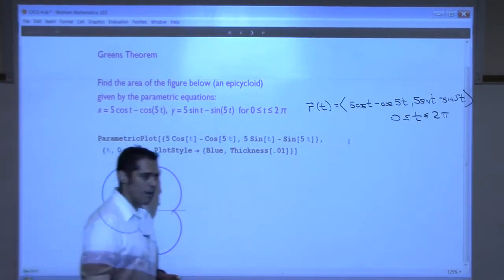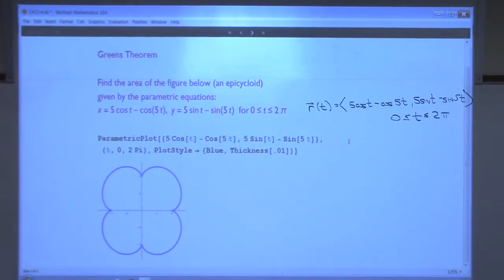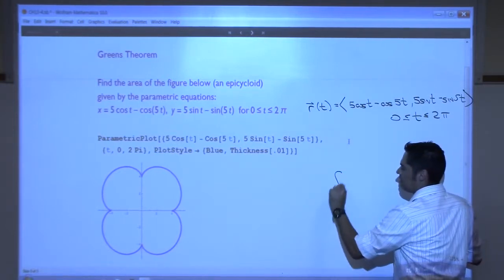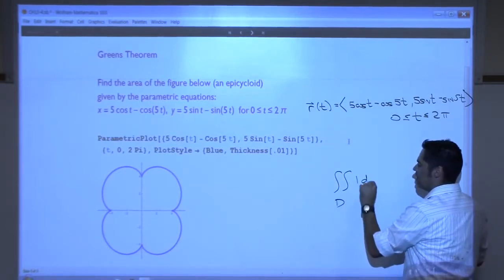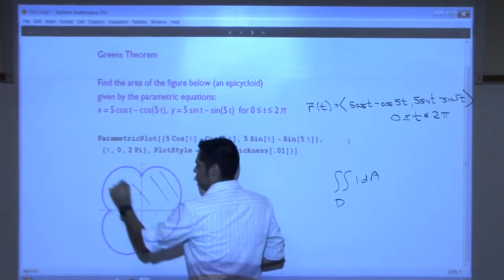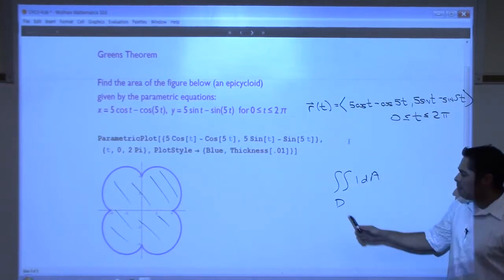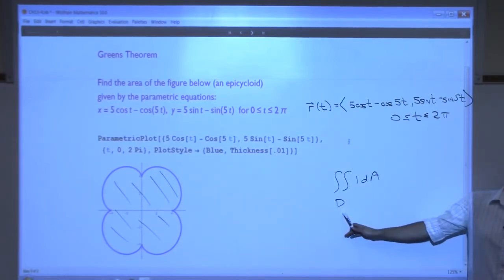That's a very difficult problem to do, because you might be sitting here going, well, I know it's the double integral over d of 1 dA, right? It's just the area of that region that it encloses. But you have to find a way of representing that region. And that region is not given to you in Cartesian, right?